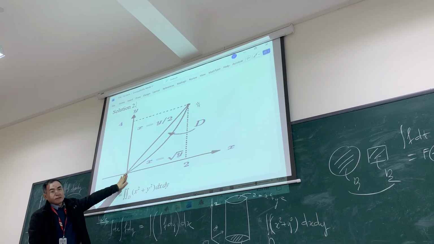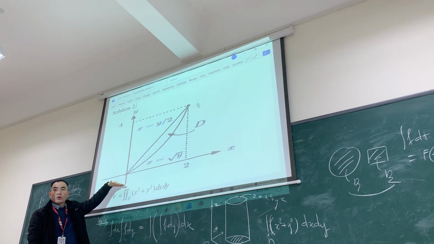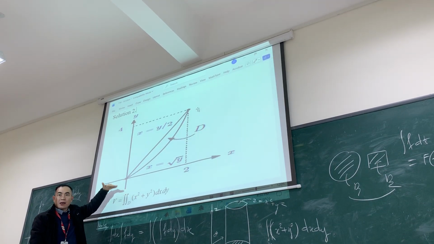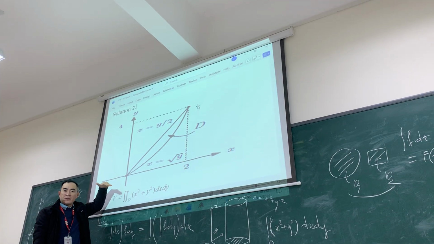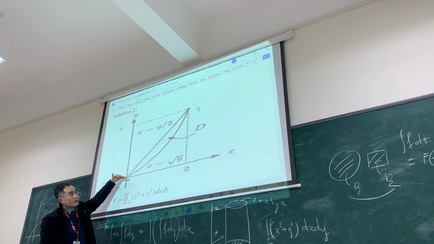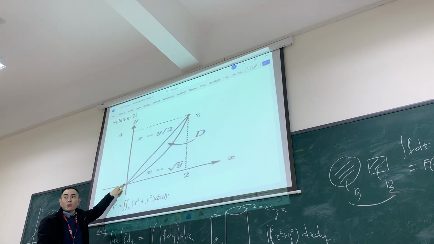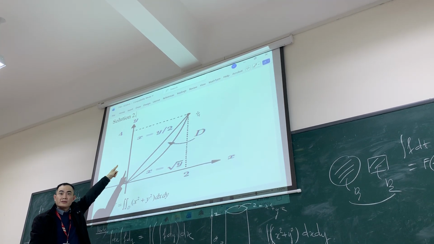Okay, from this, you can see what limits y. What limits y? Lower and upper. Y first. So we can estimate y from 0 to 2, c equal 0, d equal 2.